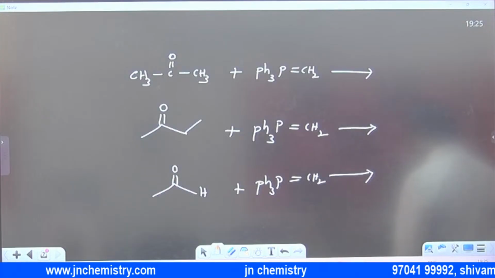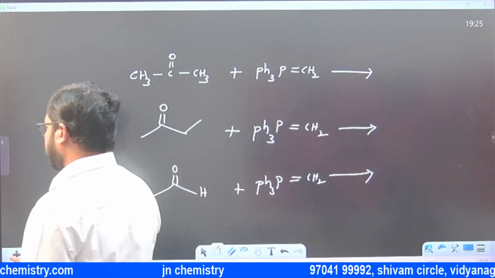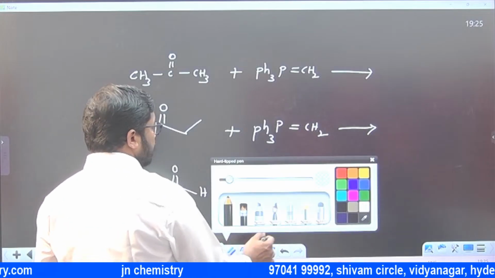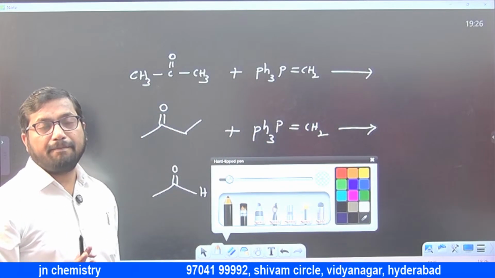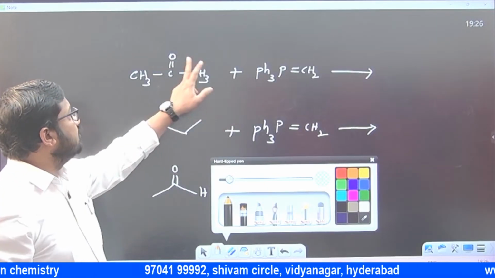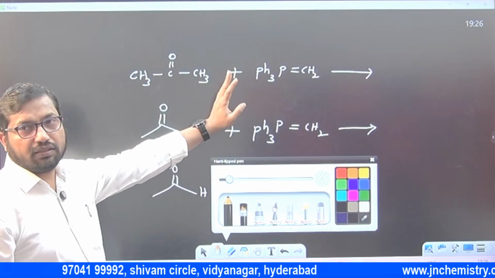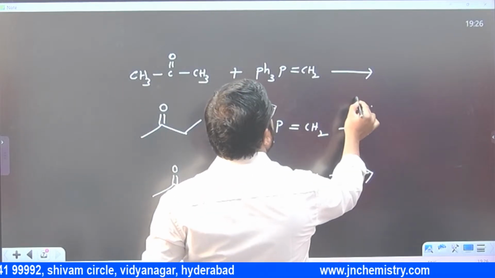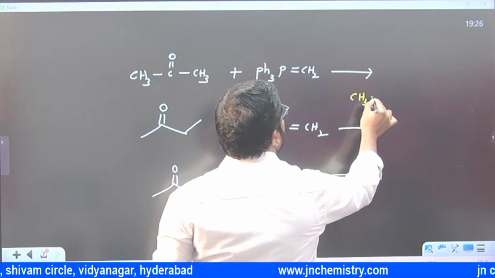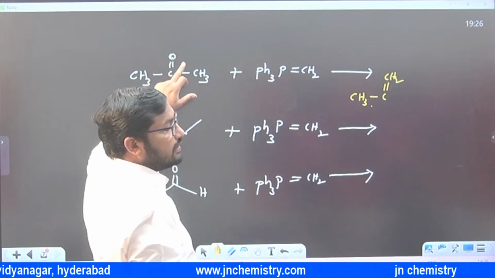Then next one. Come on, what are the products? Simply I told you. What I told? CH2 just replace here and O will substitute over there. So CH3 C double bond CH2, I am writing above here itself directly.